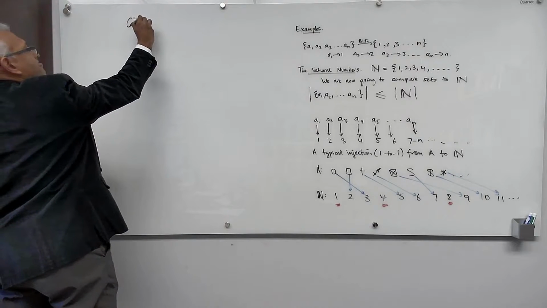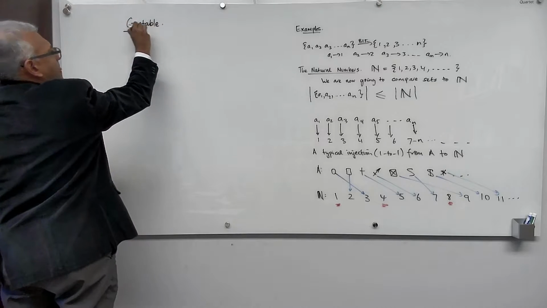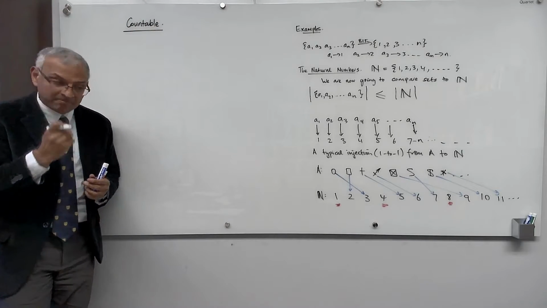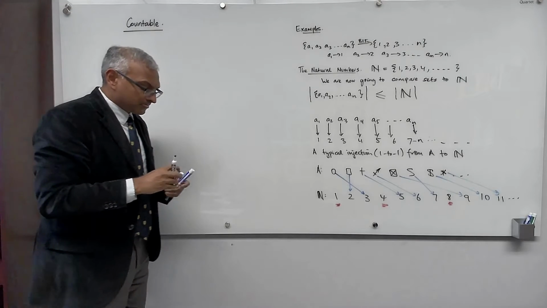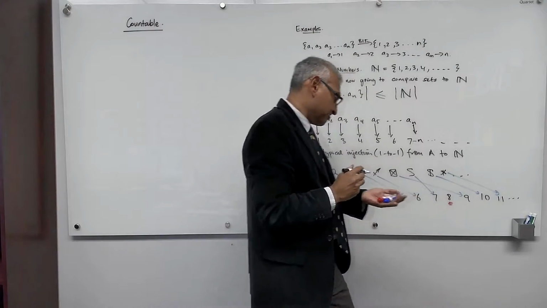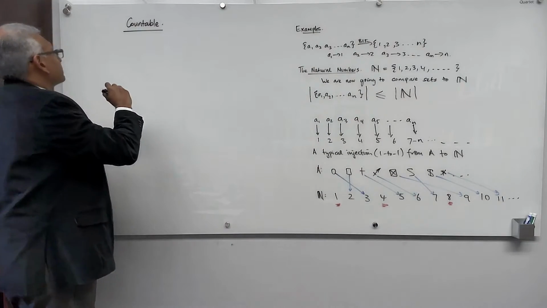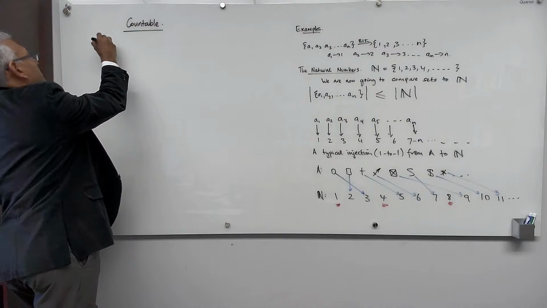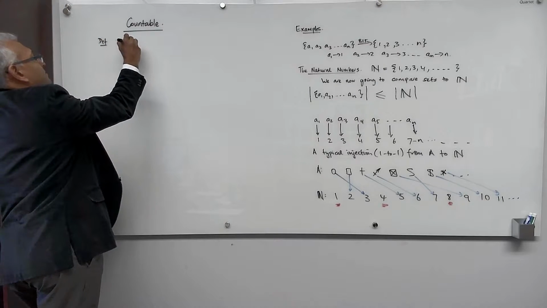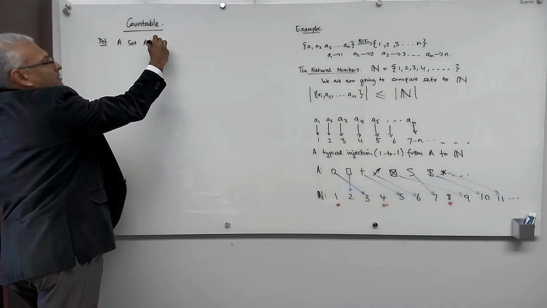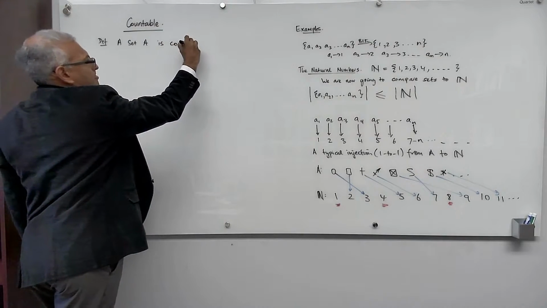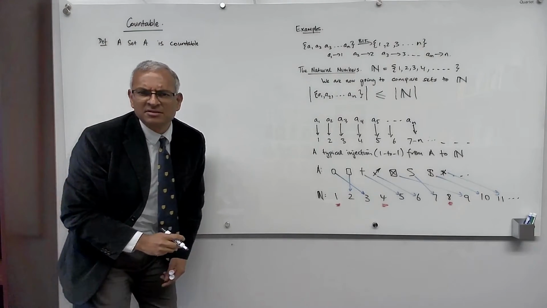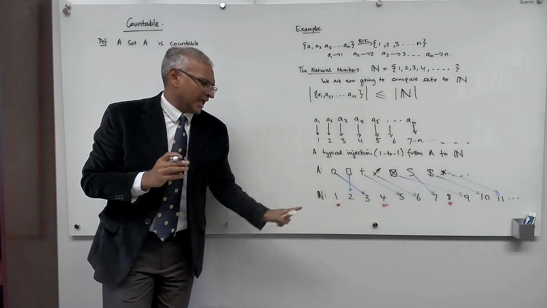Countable. Definition. A set A is countable. Basically, it means smaller than N.